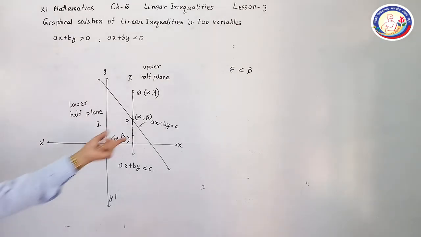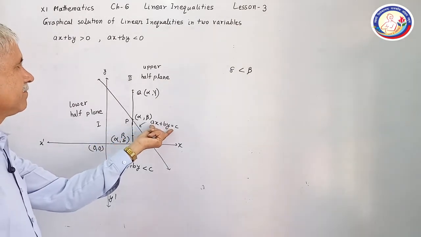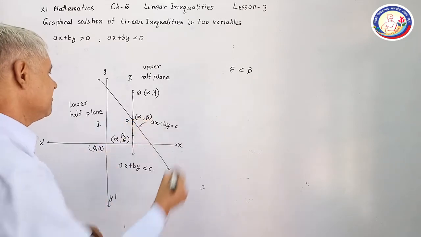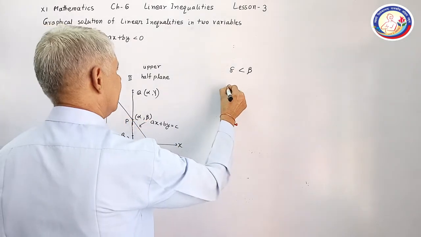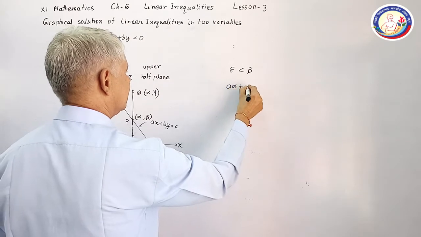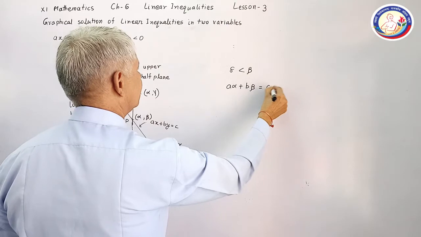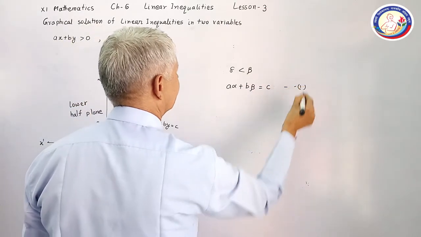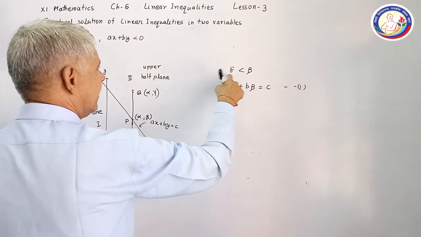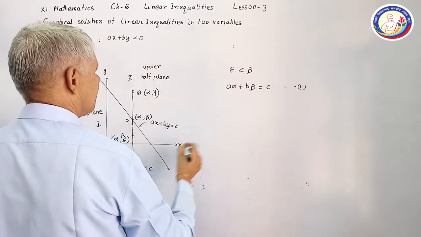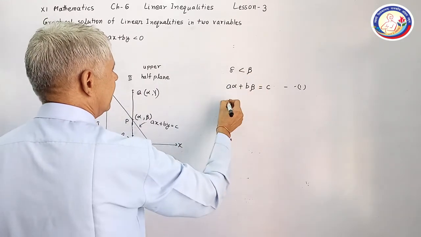Now what about the point on this line? We have already determined, it is A alpha plus B beta is equal to C. Say this is our equation number 1. Now delta is less than beta. If we put this value here, then what will happen?